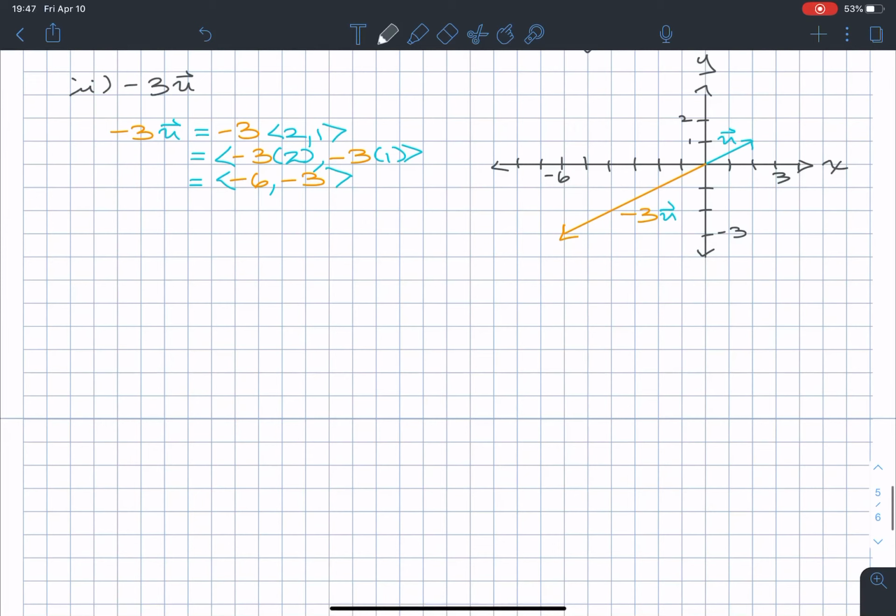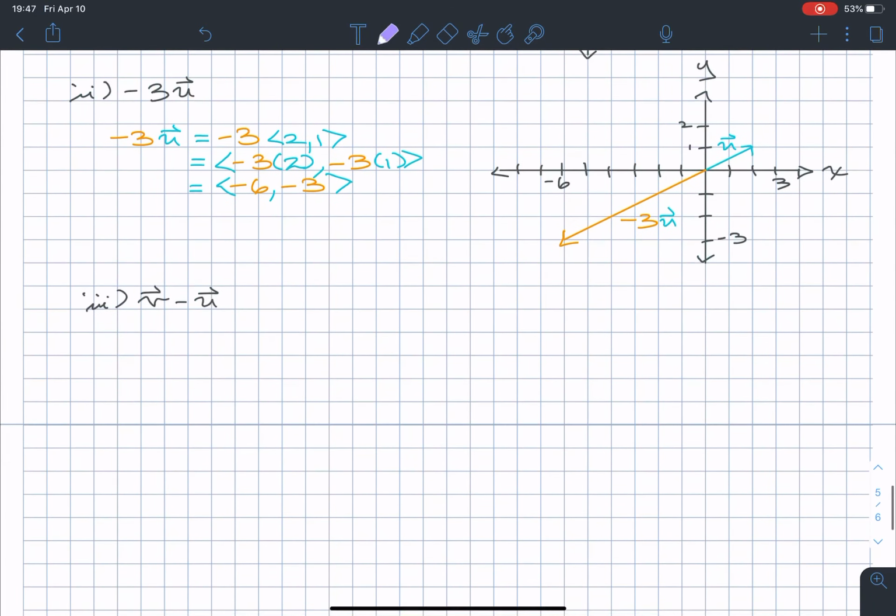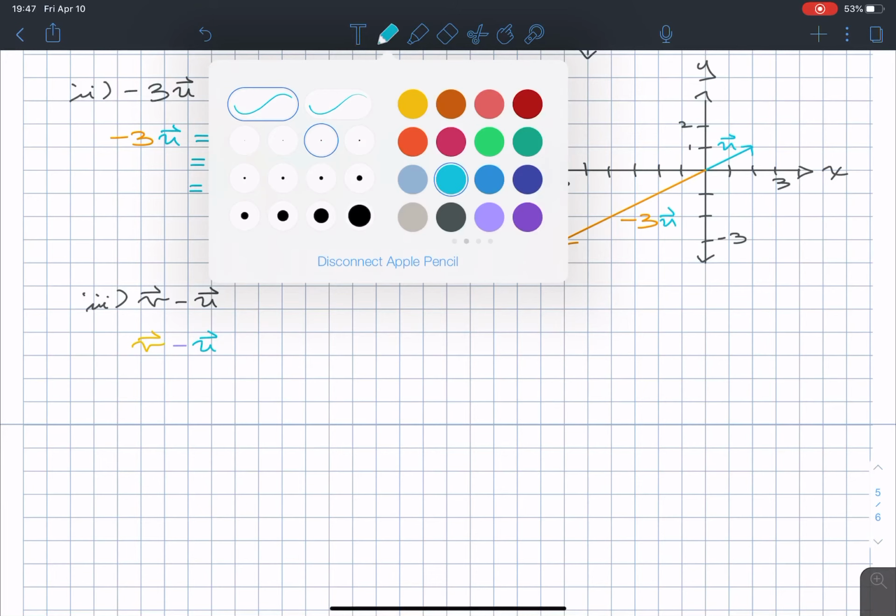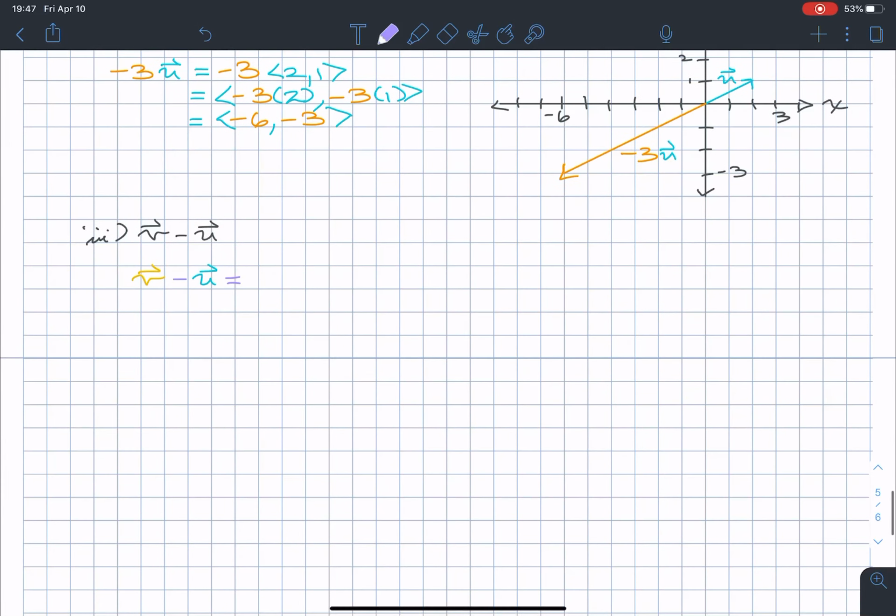Let's see if I have enough room to do another one. Let's do number 3. Let's do vector v minus vector u now. Vector v was yellow. The terminal point should point towards v, right? So v minus u. Let's do it in pink, since I've already used purple.